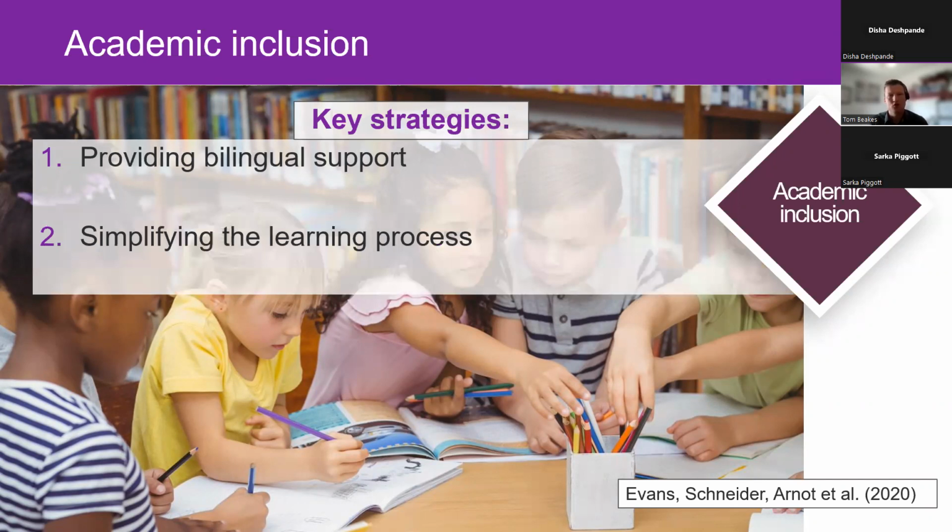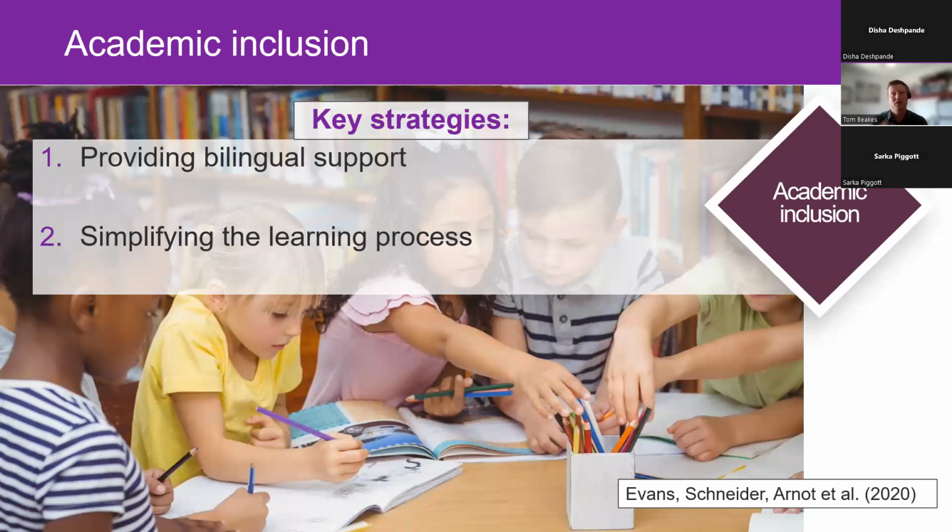It also includes simplifying the learning process. And it's really important to note that by this, I don't mean simplifying or reducing the curricular content. I mean simplifying the way that tasks are presented and organized to make them more linguistically accessible. So for example, in a maths lesson, a teacher wouldn't simplify a maths problem for a new to English learner.